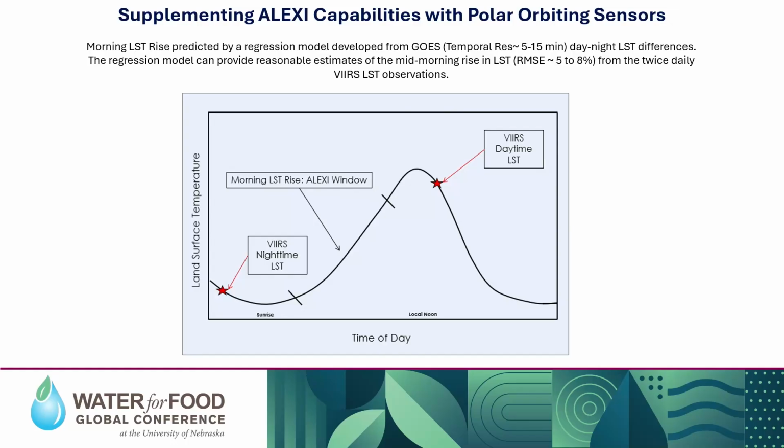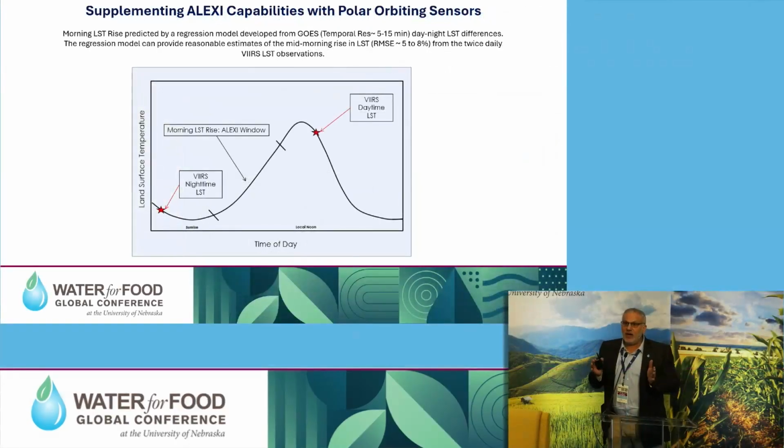So he built a regression model to see that profile, as you see here in this figure. The overpasses are right afternoon, a little bit afternoon, and just before sunrise. Once we build this relationship, we want that morning LST rise, okay? It gives us how fast our land surface is warming up, and that's very important later when we estimate evapotranspiration.